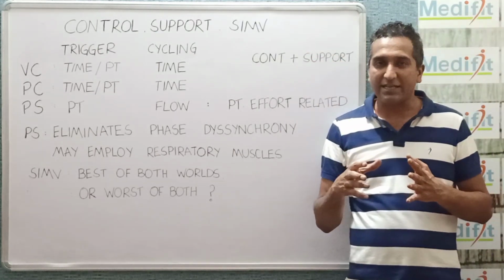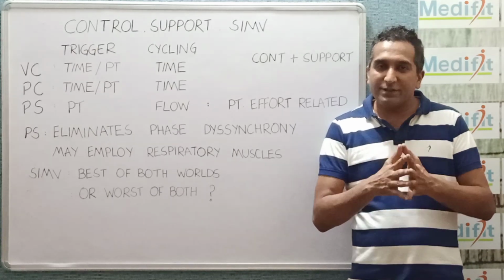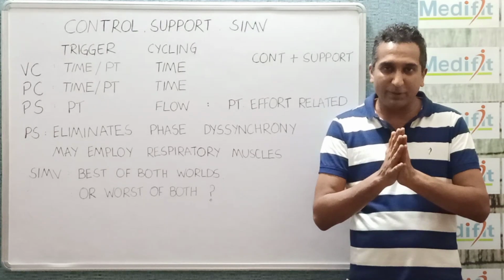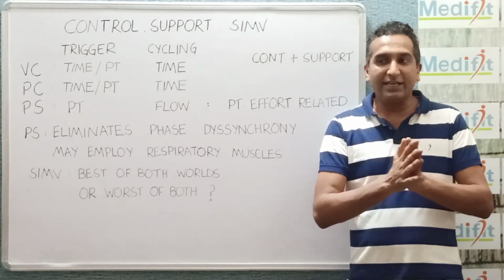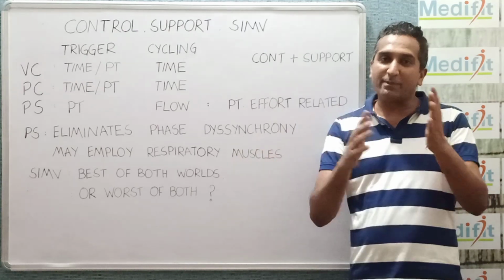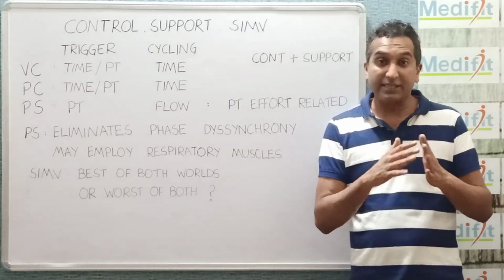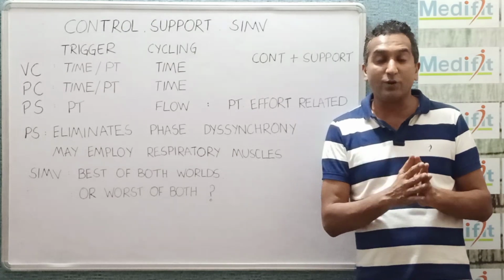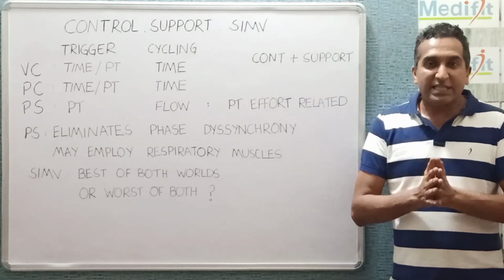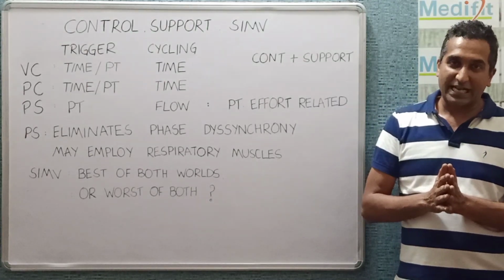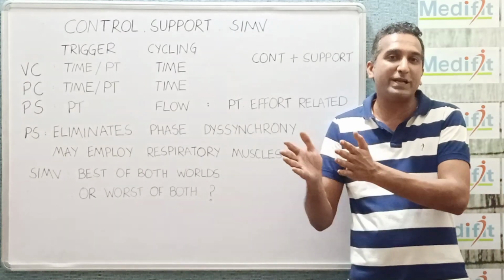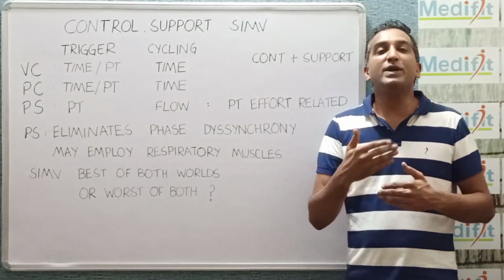So what the SIMV does is, it gives you a number of breaths which you have already set for the patient in the control mode, and all the other breaths will be either supported by pressure or no pressure, that depends, but all modern ventilators will give you SIMV plus pressure support. The breaths will be of two characteristics, and we thought gradually we can take the control breaths away and put more and more support breaths in so as to wean the patient fast.